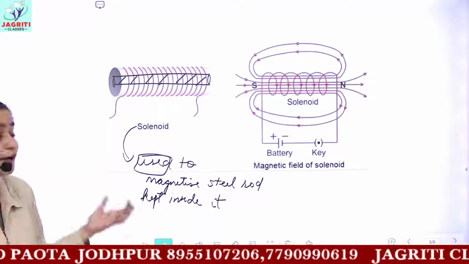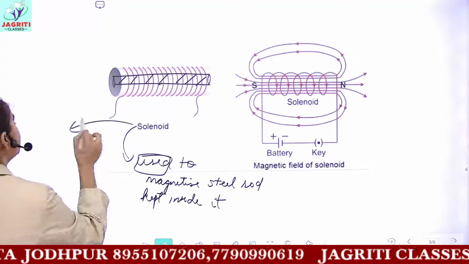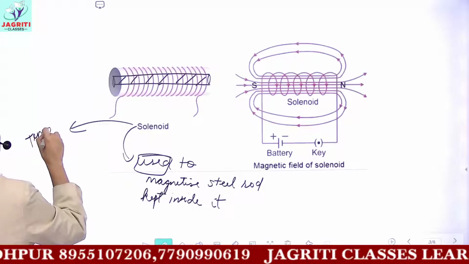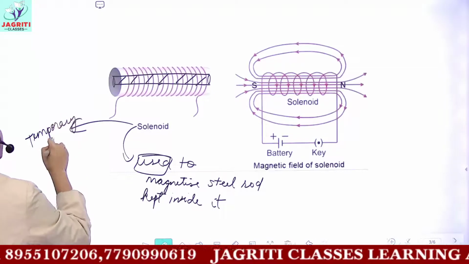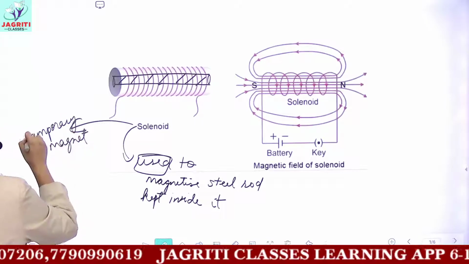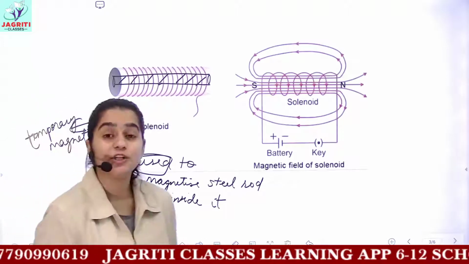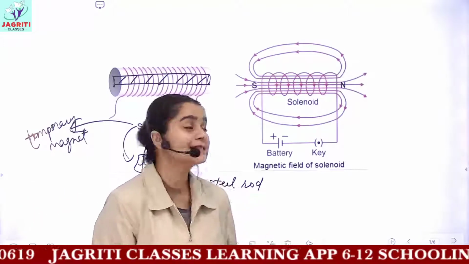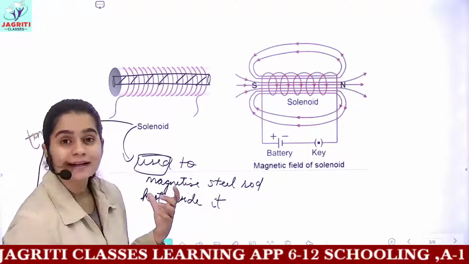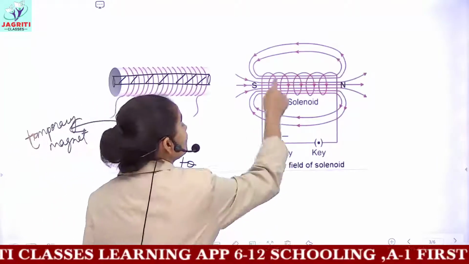But remember, a solenoid is a kind of temporary magnet. What do you mean by a temporary magnet? Temporary and permanent magnets I have discussed with you in the introductory class. Temporary magnets are those magnets that act as magnets only as long as we are supplying the current.